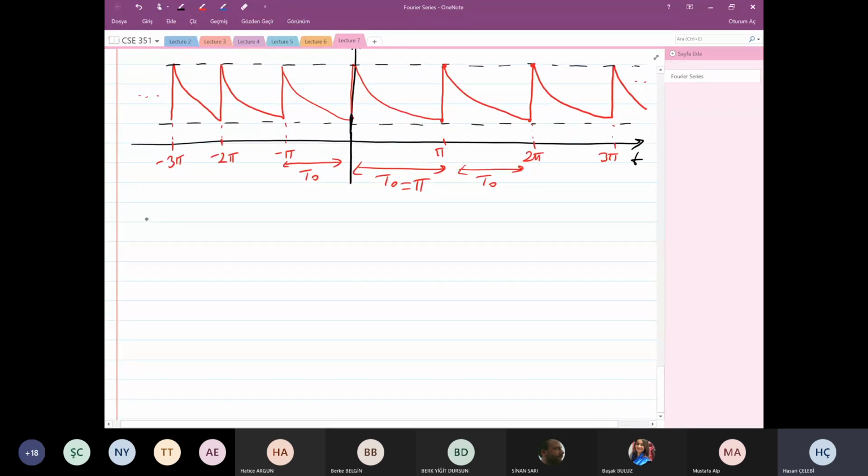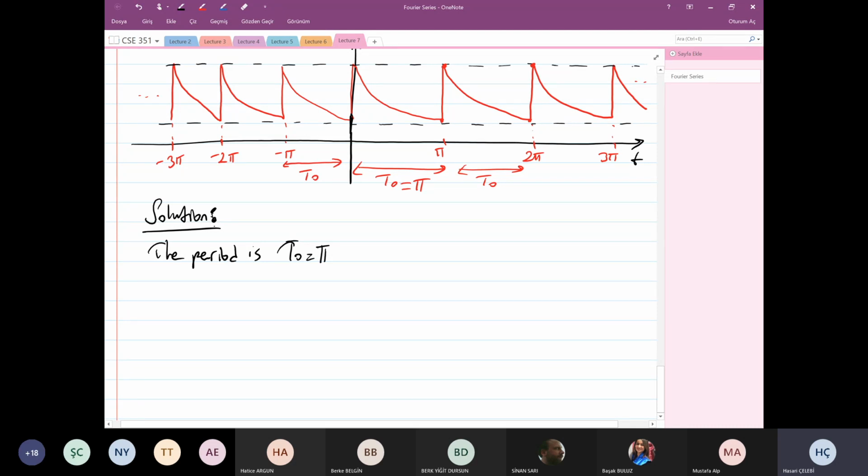Okay, solution. Let's solve it together. First of all, the period in this case is T0 equal to pi.